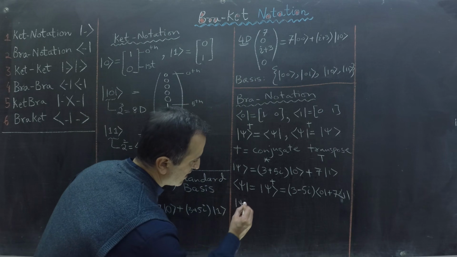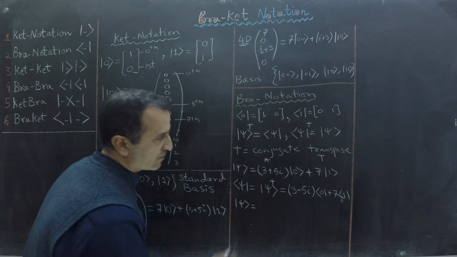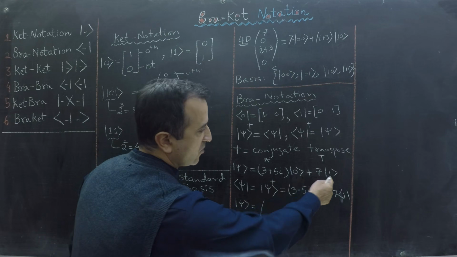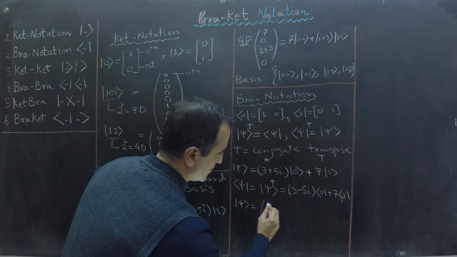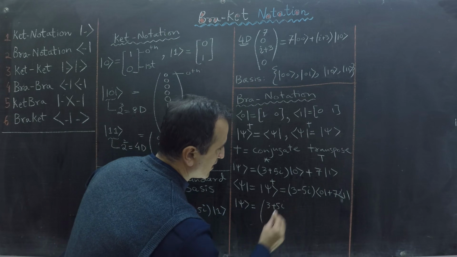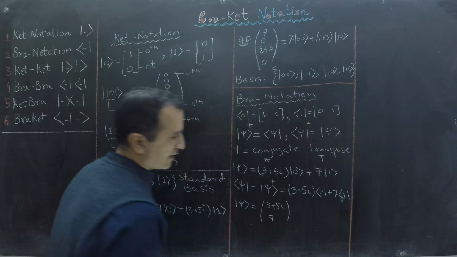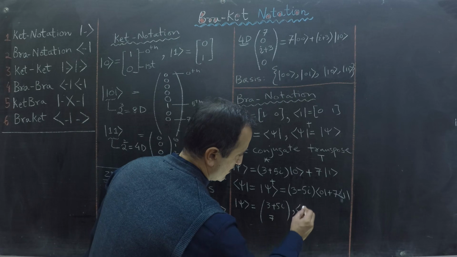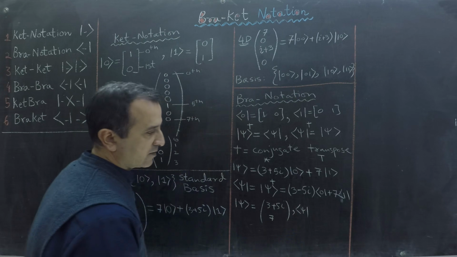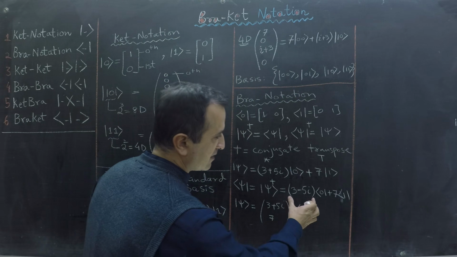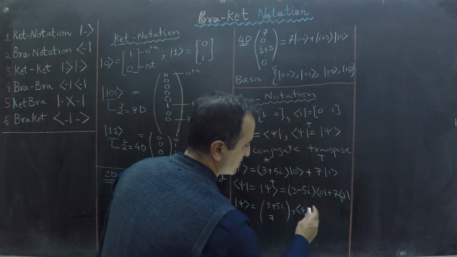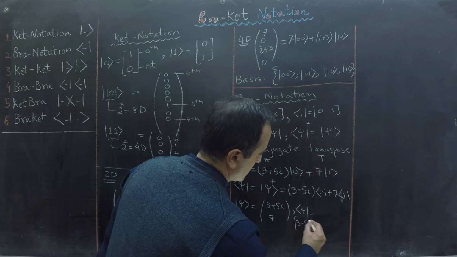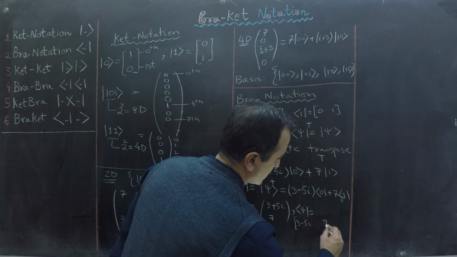So Ket psi is equal to, the 0th location will have this and the 1 location will have 7. So 3 plus 5 iota and 7. And Bra psi will be a row vector whose 0th location will have this and the first location will have this. So it will be equal to 3 minus 5 iota and 7.